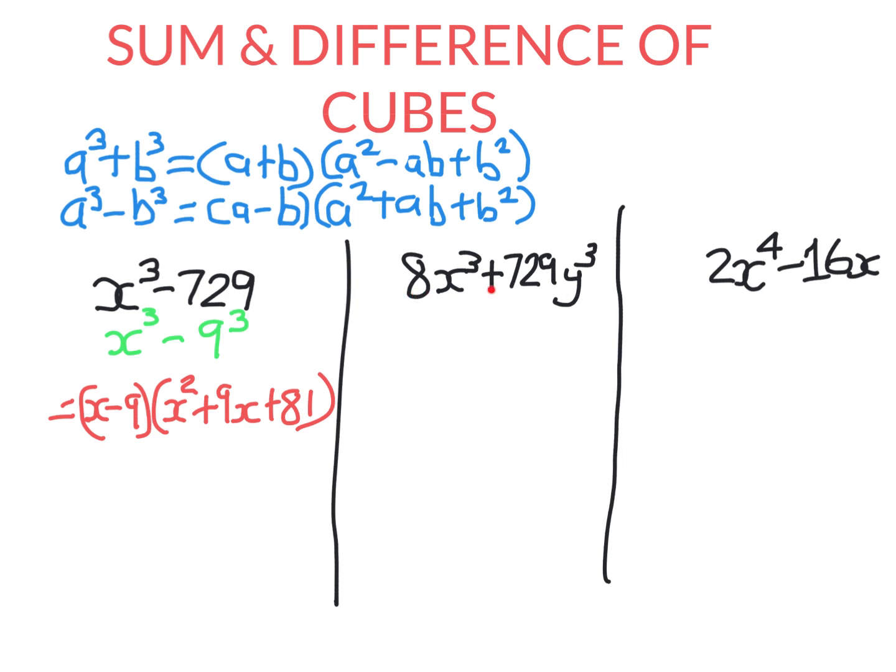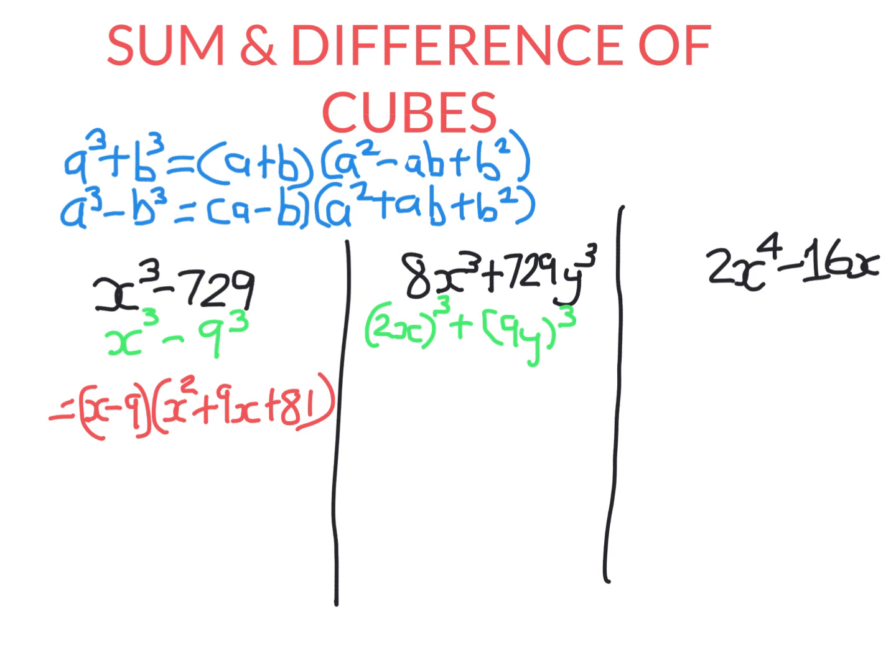Now we have the sum of two cubes. We're going to use this formula here. Again, you might find it easier to write it slightly differently. This is the same as 2x all cubed plus 9y all cubed. So we're going to replace a with 2x and b with 9y.